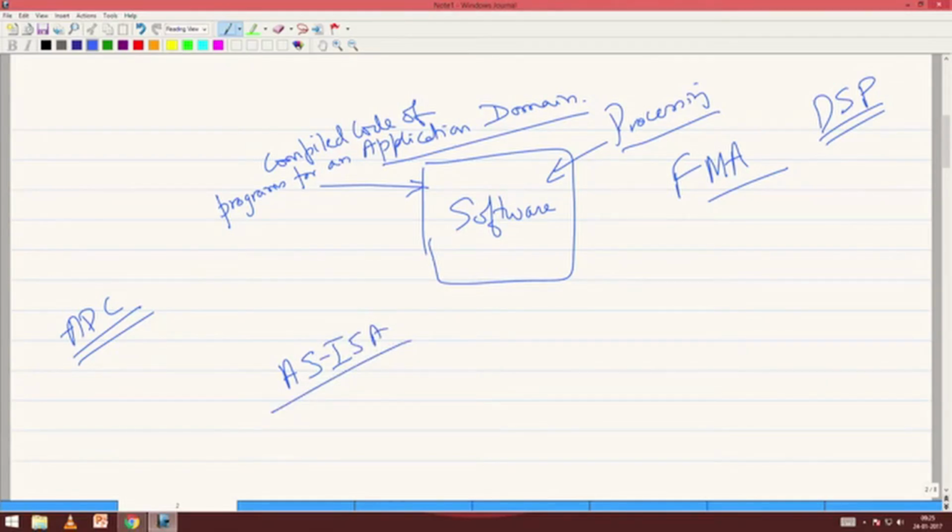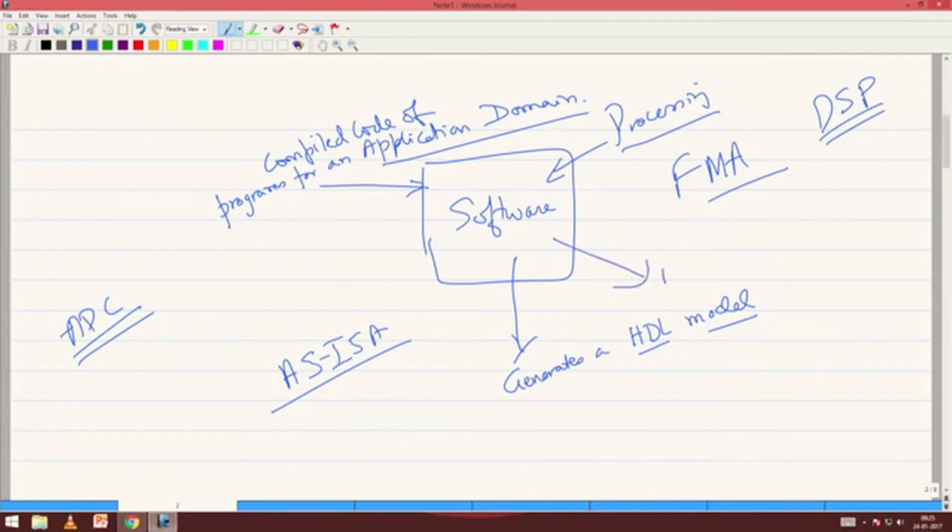Then it immediately generates an HDL model. Last time you have all done your hardware description language, you described your hardware in some HDL. So it generates that HDL model automatically, so that you could go to the fab and make the processor.